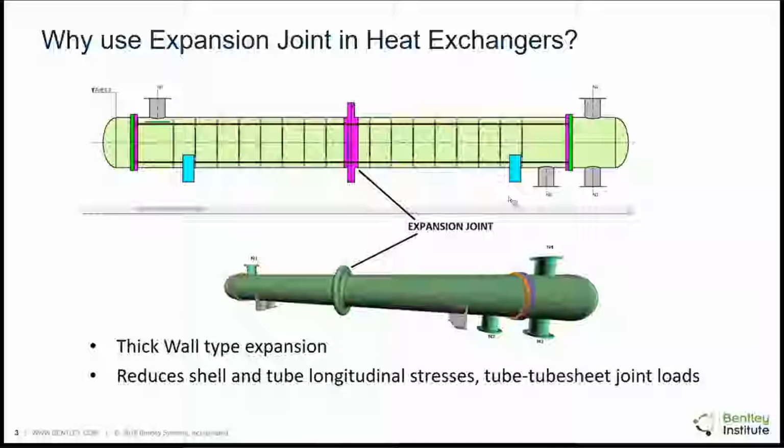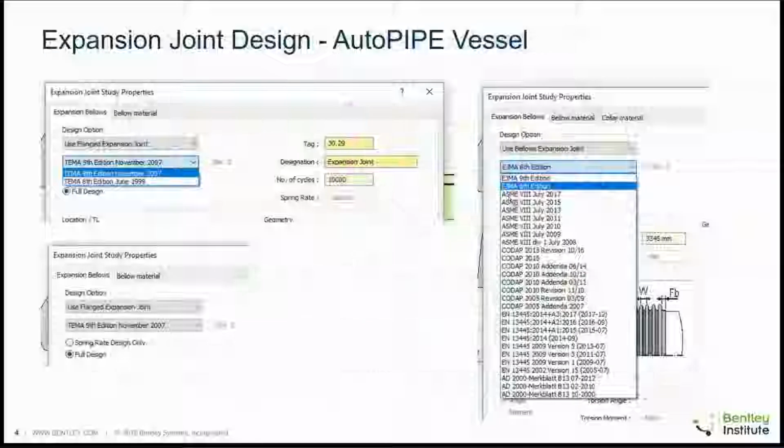We will be discussing the thick wall type expansion joints. We are not going to discuss thin wall bellows. And this is a brief list of the types of expansion joint that you can design using AutoPIPE Vessel. This is a screenshot. So you can use expansion joint based on the TEMA 9th edition, which is the 2007 version of TEMA.